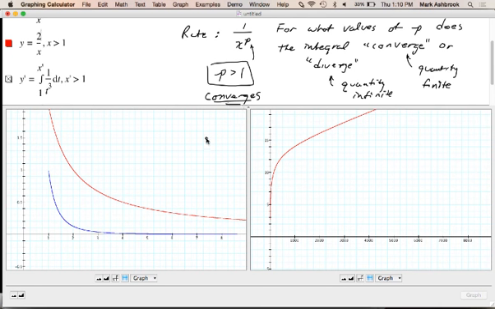But when you hit 1, that's when it doesn't go down fast enough. The rate doesn't get small fast enough for it to converge. But if you had 1 over x to the 1.001, that quantity will eventually level off when x gets really, really big. But with 1 over x to the 1, the quantity will just increase indefinitely, even though all of these rate functions are going to 0.